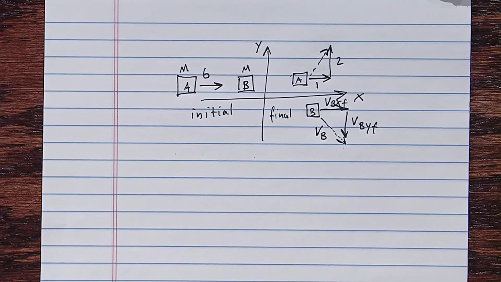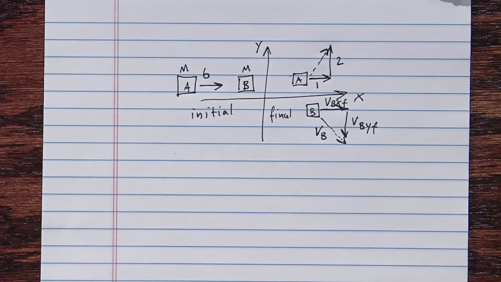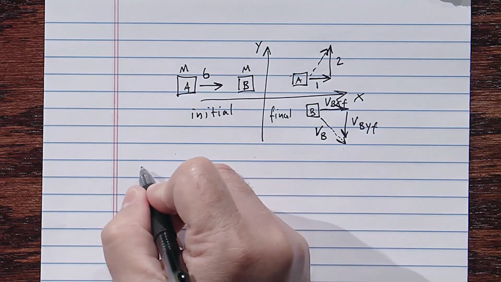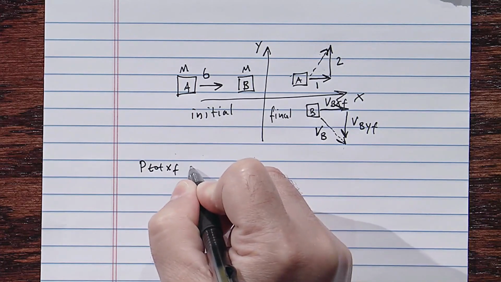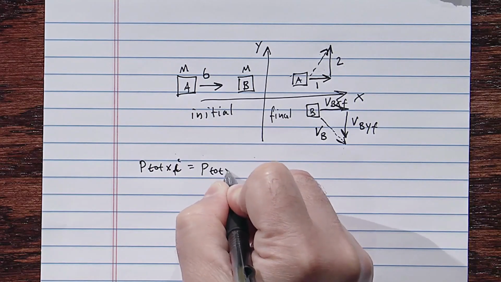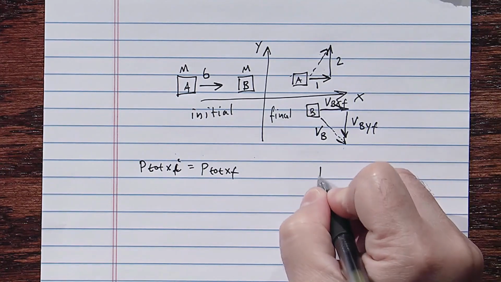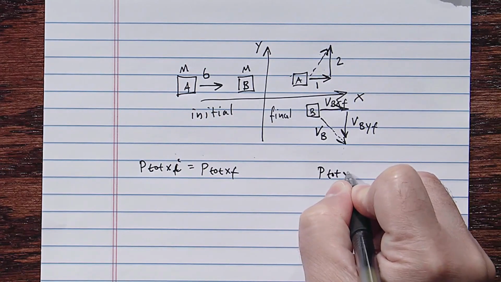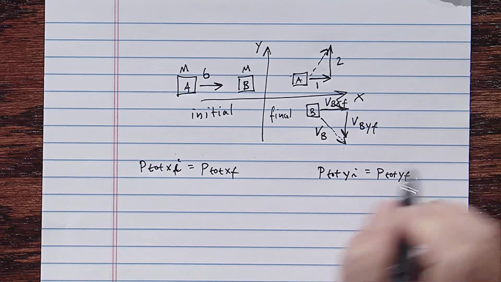Okay, well, this is a collision. We use conservation of momentum, but we'll have to use conservation of momentum in the x direction and the y direction separately. So we have P total x initial equals P total x final, and P total y initial equals P total y final.